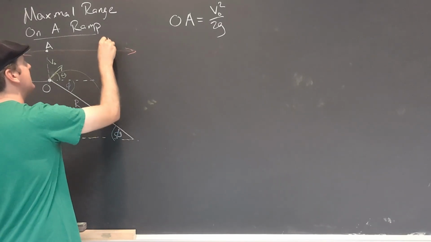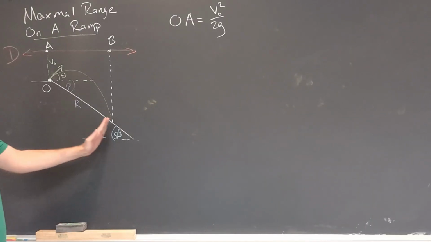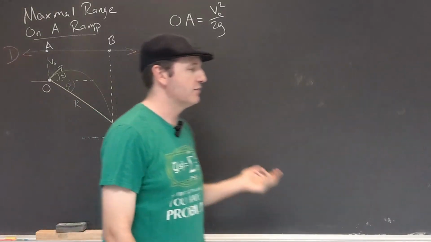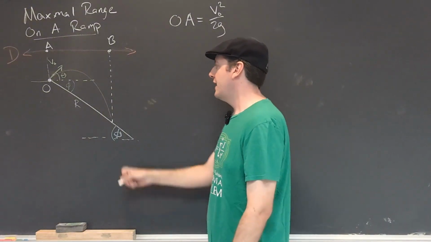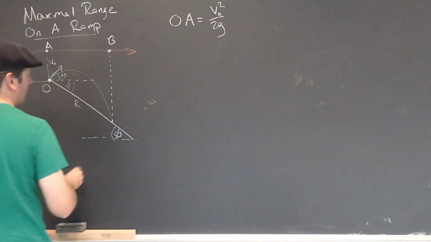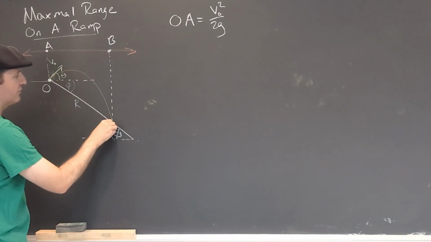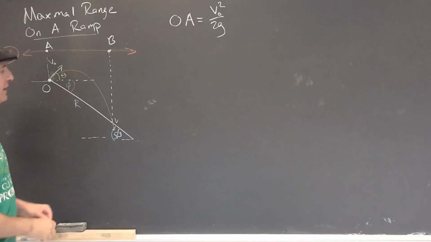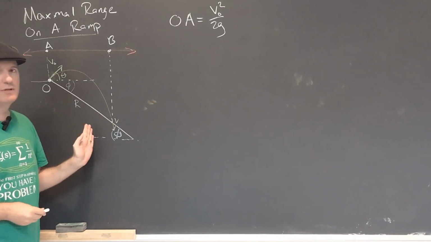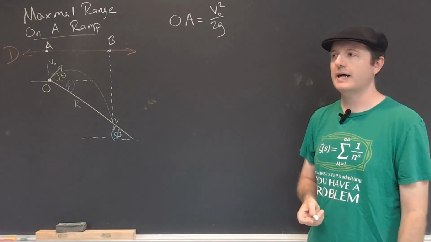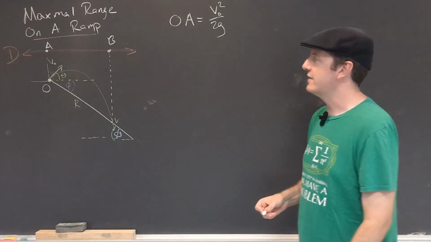At the same time, we could draw another point directly over here. Maybe I'll call this point B, which is directly over the point where it intersects the ramp eventually. Now, that point will have some velocity. Try not to overdraw here, so I'll call that V. That'll be tangent to the parabola at that point, and it'll have some speed that we can also determine by conservation of energy.